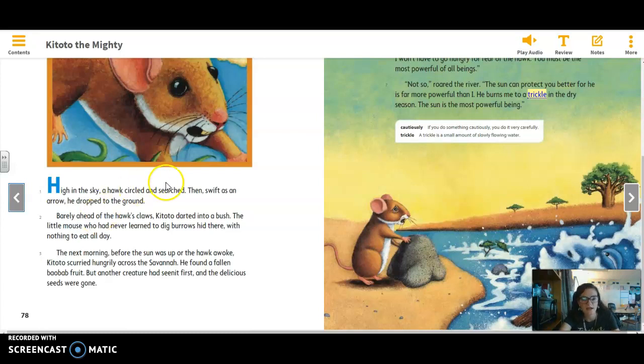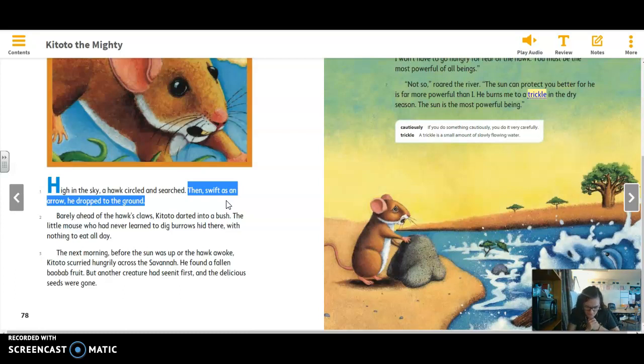Now, I think I found some figurative language, and I'm going to highlight it on here. Highlight the sentence. What kind of figurative language did I highlight? Then, swift as an arrow, he dropped to the ground. If you remember what I just said a minute ago about similes, using like or as, swift as an arrow.